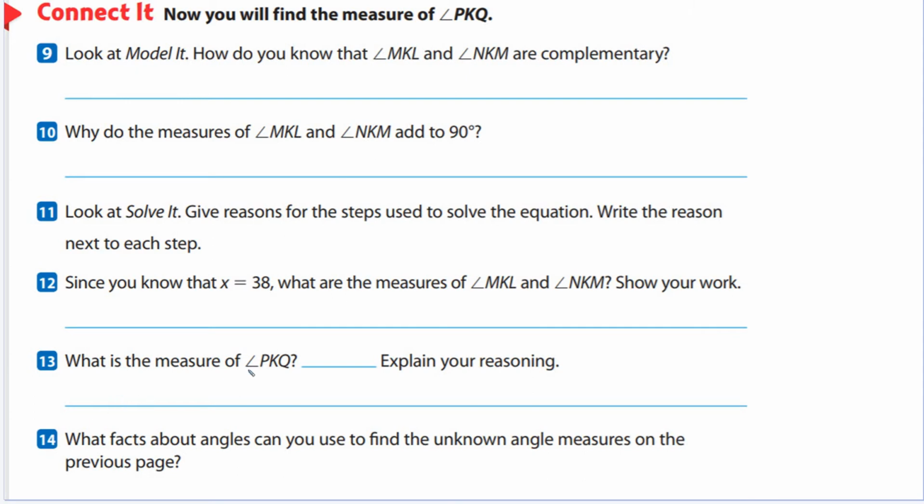What is the measure of angle PKQ? Explain your reasoning. And question 14: What facts about angles can you use to find the unknown angle measures on the previous page? Take your time, solve these questions. When you're done, unpause the video, and then you can check your answers.